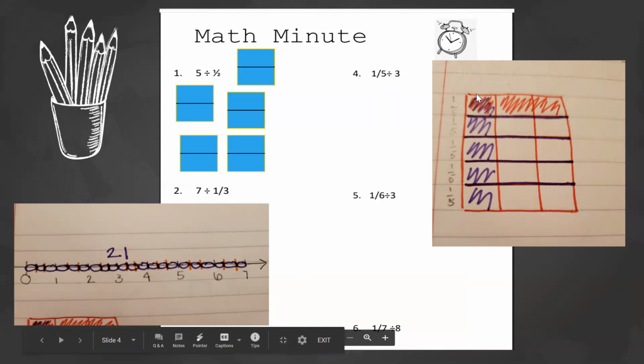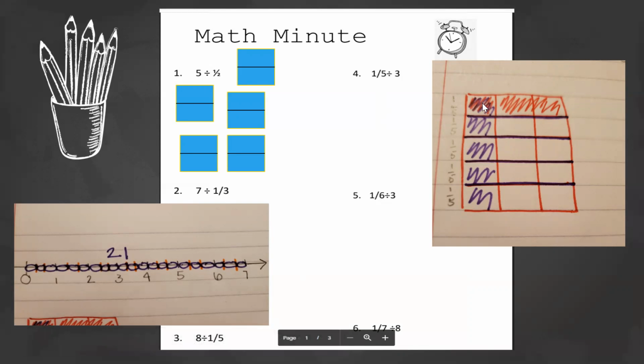Since 4 is a little bit different, I may ask John to explain his answer. And he would explain that first he drew a rectangle that is divided into fifths, and he colored in the 1/5 to show 1/5. And that's shown with that red right there. And then he would say that he divided that 1/5 into thirds, as you can see.